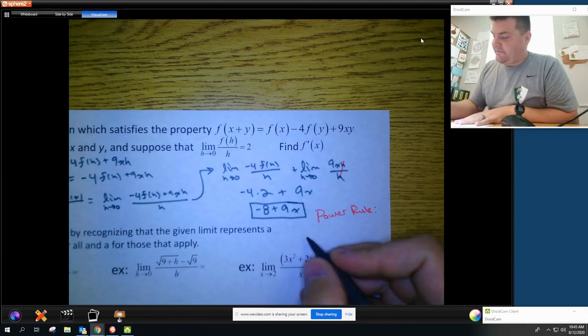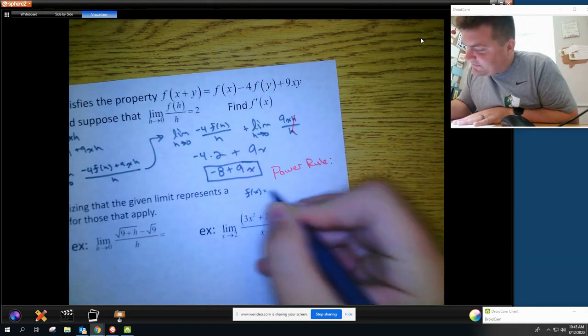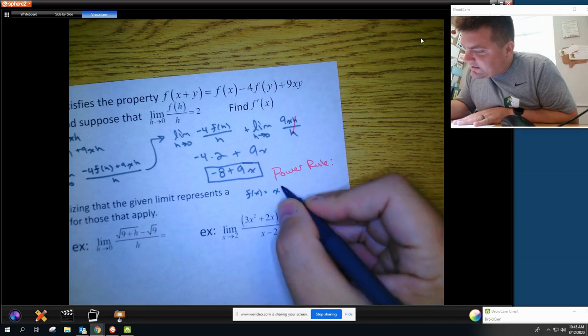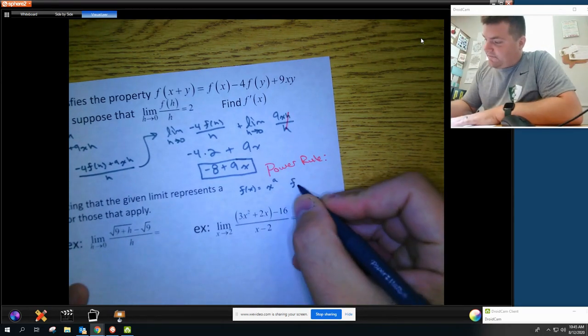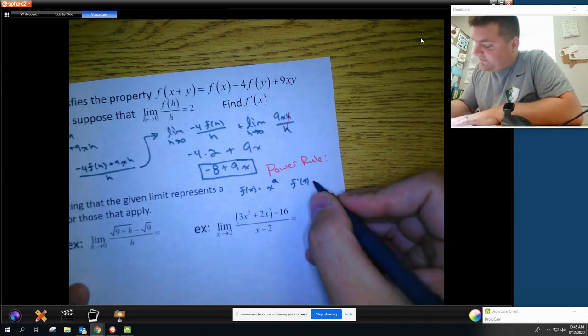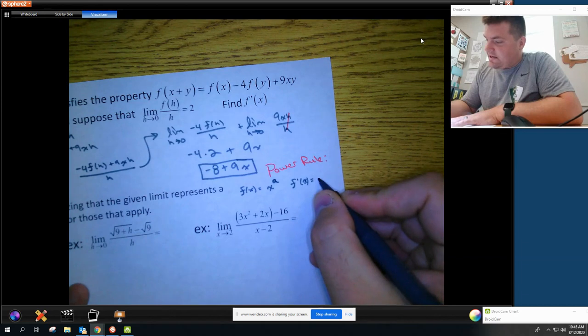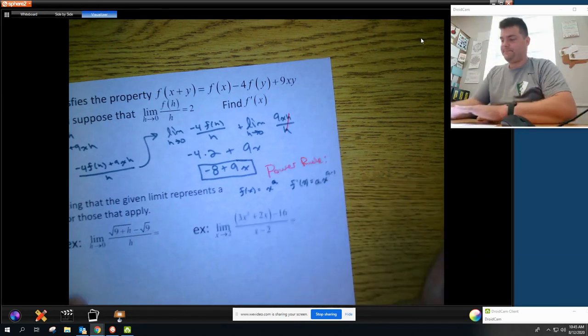What it is, if I have f of x equal to x to the a, the derivative is going to be a x to the a minus 1.